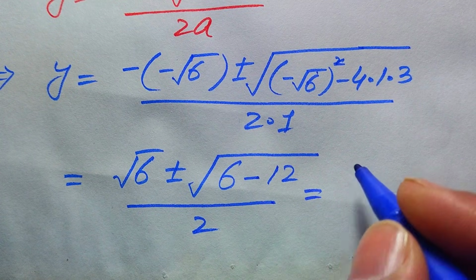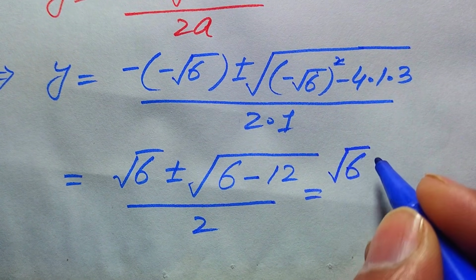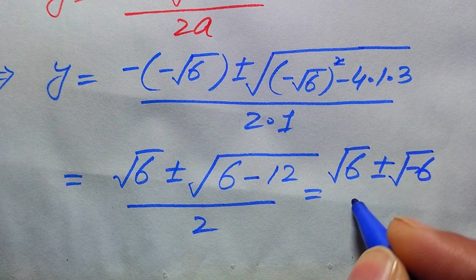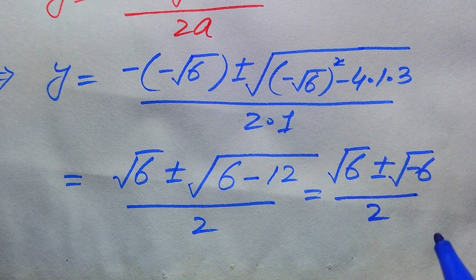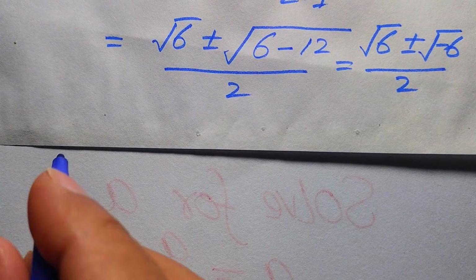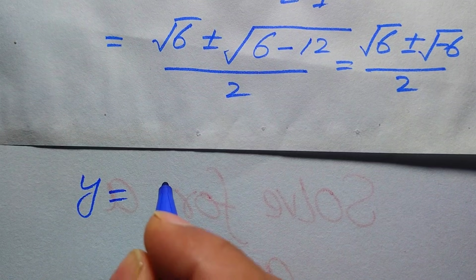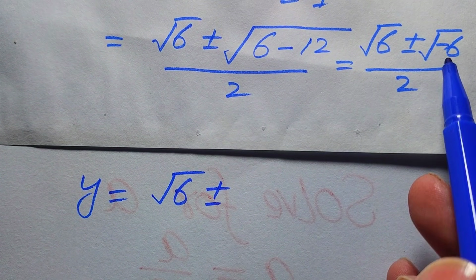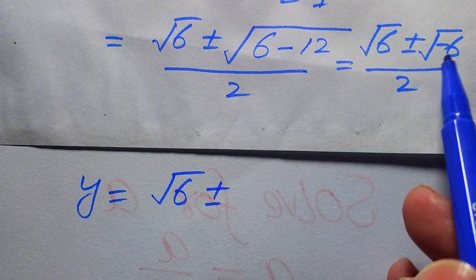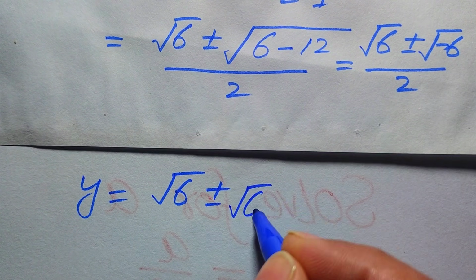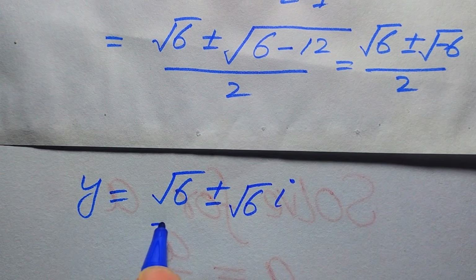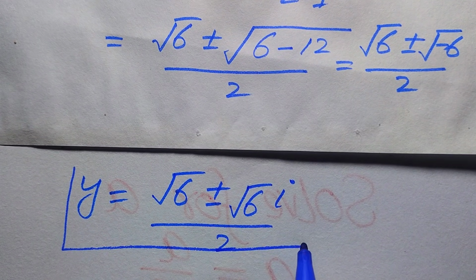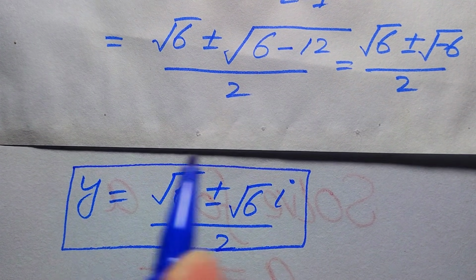And here you see that 6 minus 12 becomes minus 6, and it is divided by 2. And further we have y equals square root of 6 plus minus square root of minus 6. We know that when a negative sign appears inside the square root sign, it becomes iota, and it is divided by 2. So these are the first two complex roots of the given equation which we get from the first equation.